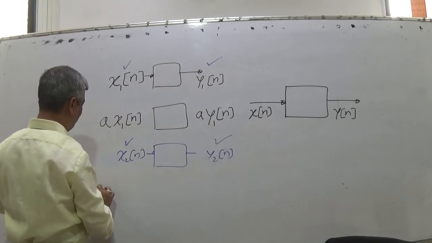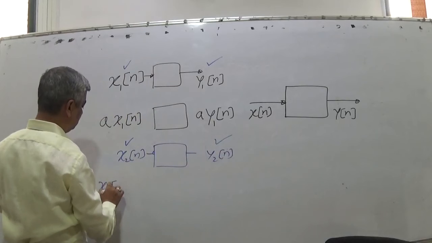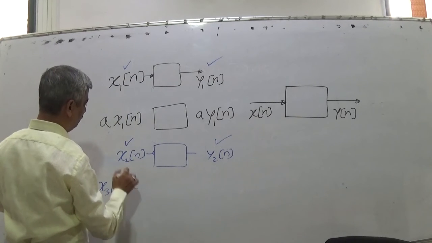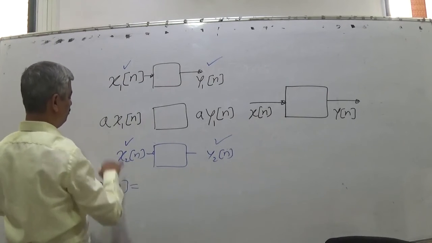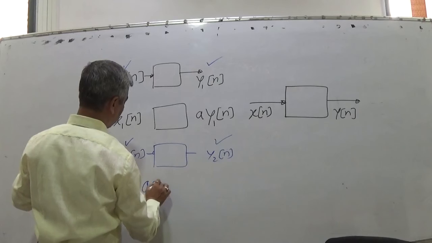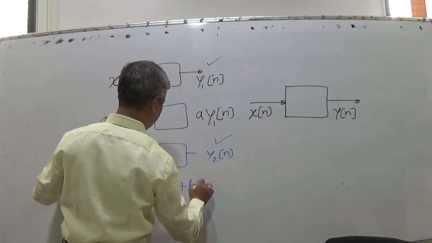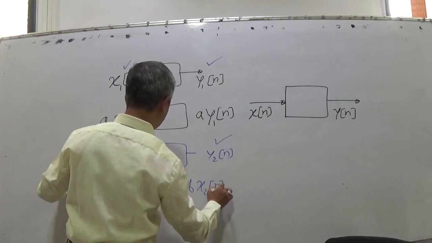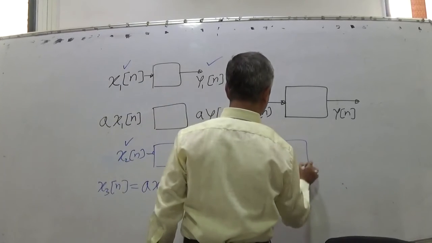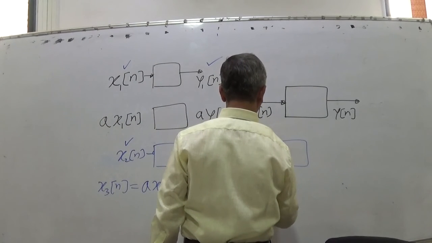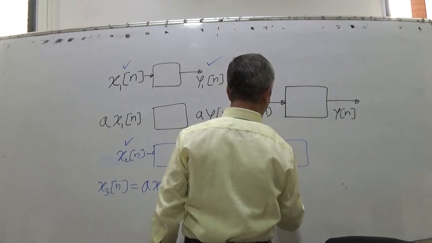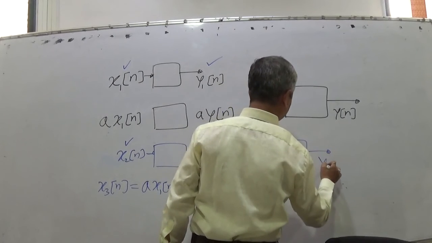Then if I apply x3[n], which is a linear combination of x1[n] and x2[n], I obtain y3[n].